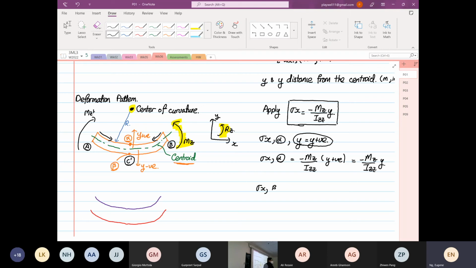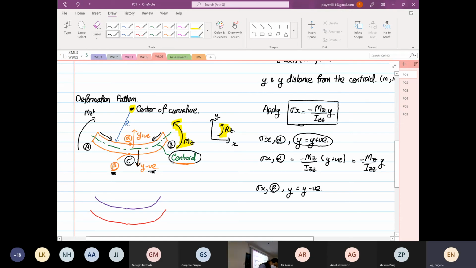If you have any questions, also please ask. So if we were to find stress x beta, now y will be equal to what? Y negative. It is negative because at point beta, it is below the centroid, so y is pointing away from the center of curvature. So y is equal to negative.